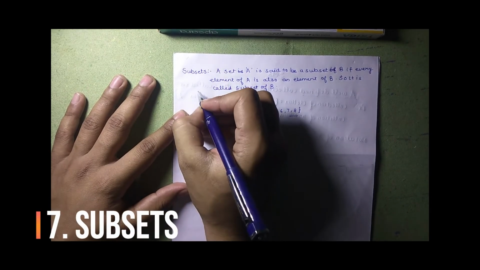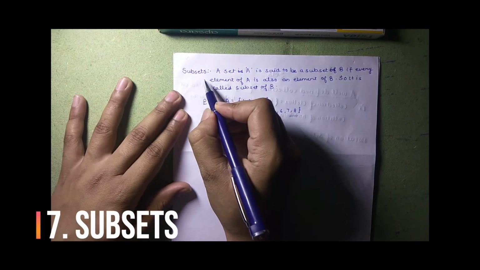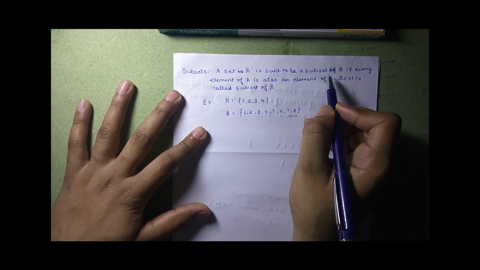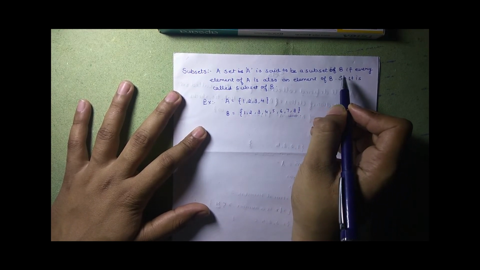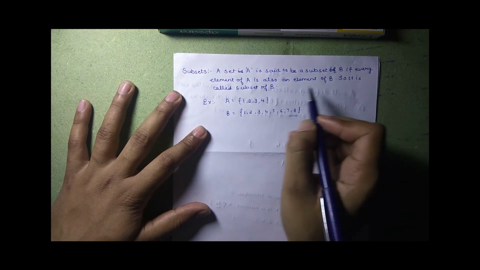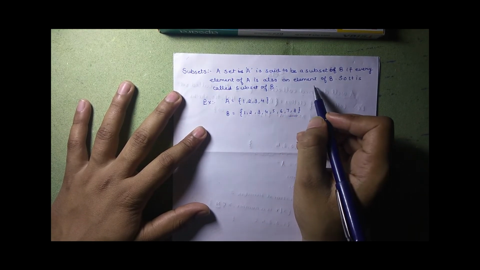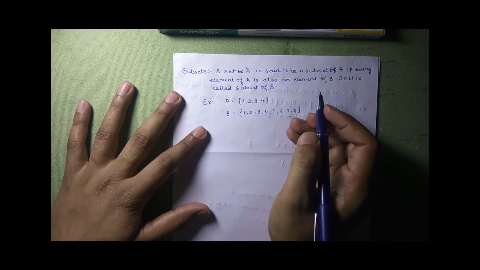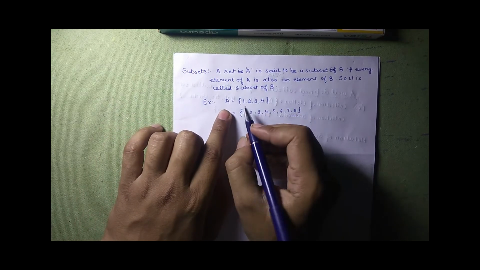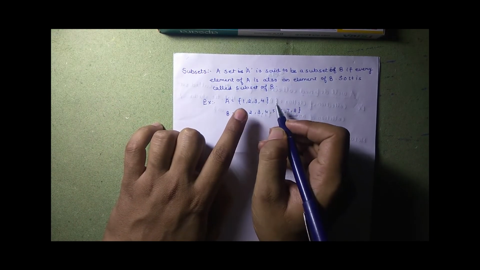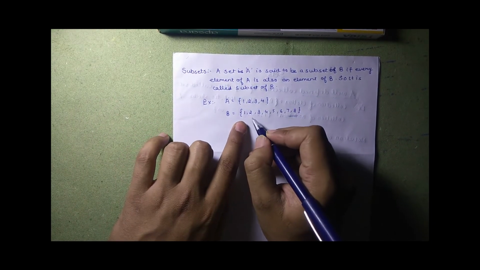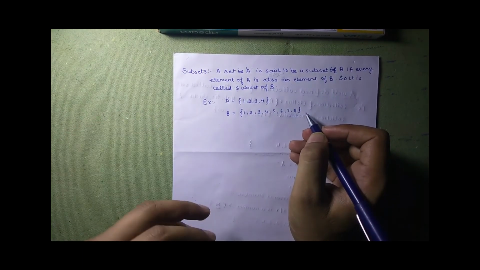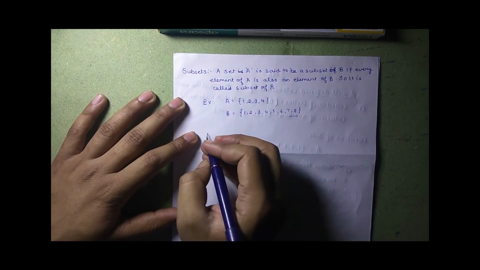Next we move on to the next type, subsets. A set A is said to be a subset of B if every element of set A is also an element of B. Suppose set A has 1, 2, 3, 4, and set B has 1, 2, 3, 4, 5, 6, 7, 8 as shown in this video.